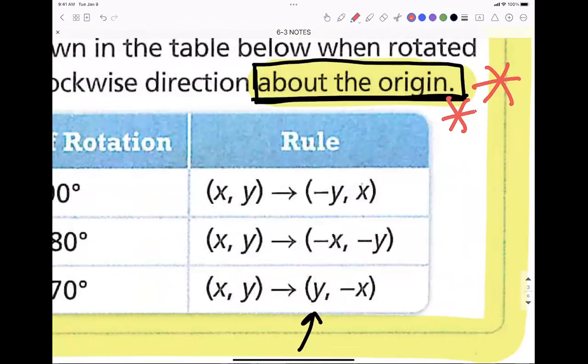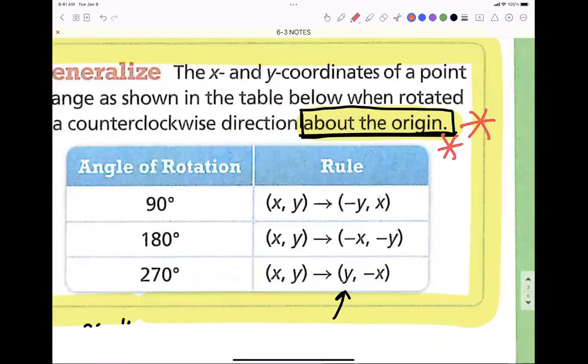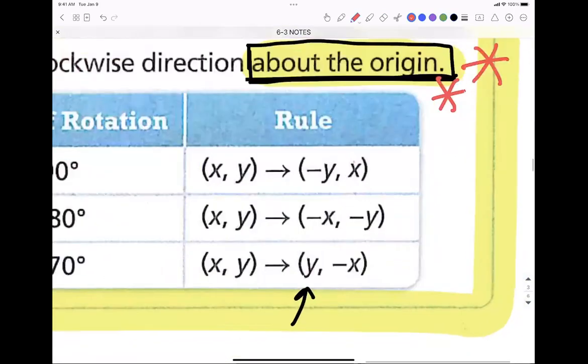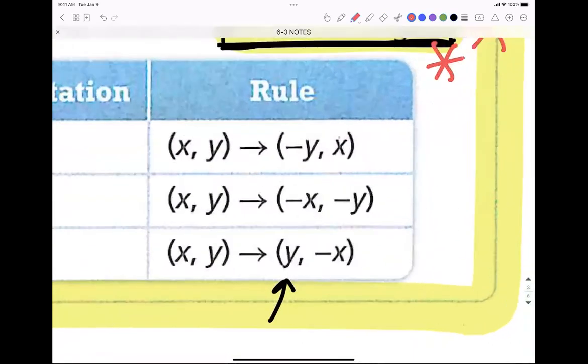The X sign stays the same, the Y sign changes. If it rotates 180 degrees, the X and the Y stay in the same spot, but they both switch signs. If it rotates 270 degrees, notice the X and Y change places, and what was a positive X turns negative, or if it was a negative X, it turns positive.